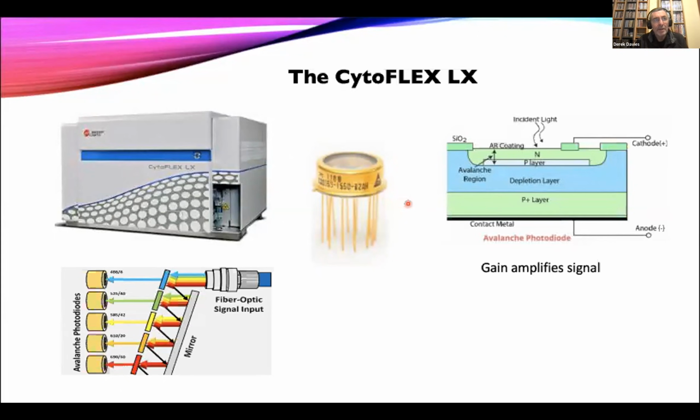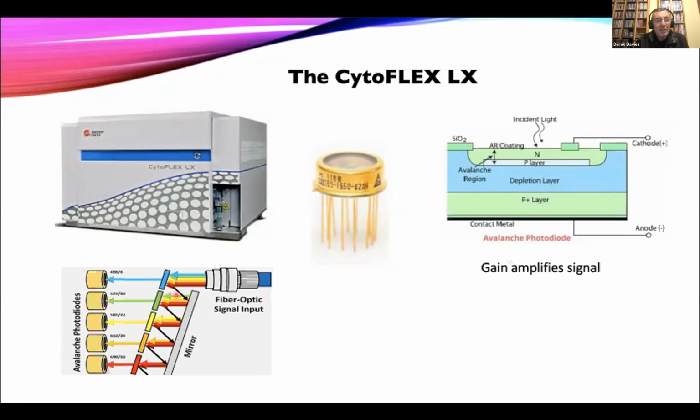They amplify the signal that comes from the photons that hit the photocathode of the APD, but they don't have the same voltage change that we can do in photomultiplier based machines. In the CytoFLEX, we use a gain to amplify the signal, which is a mathematical transformation of the signal, and the voltage across the anode and cathode of the APD has been optimized by the manufacturer.